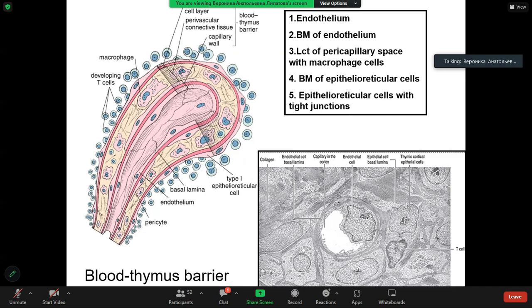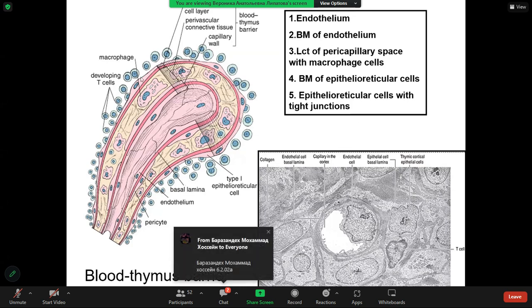And this is the epithelial reticular cell with tight junctions between them. This is a very strong barrier to prevent entering of foreign antigen into the central organ of the immune system. Is this clear?